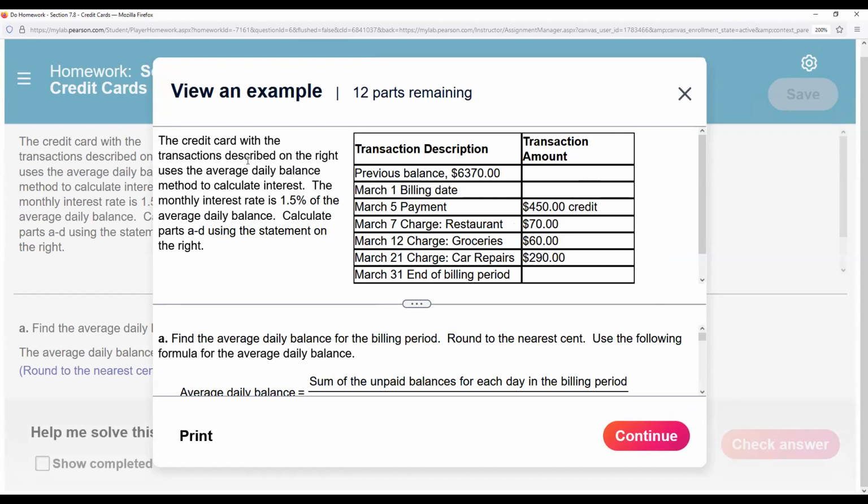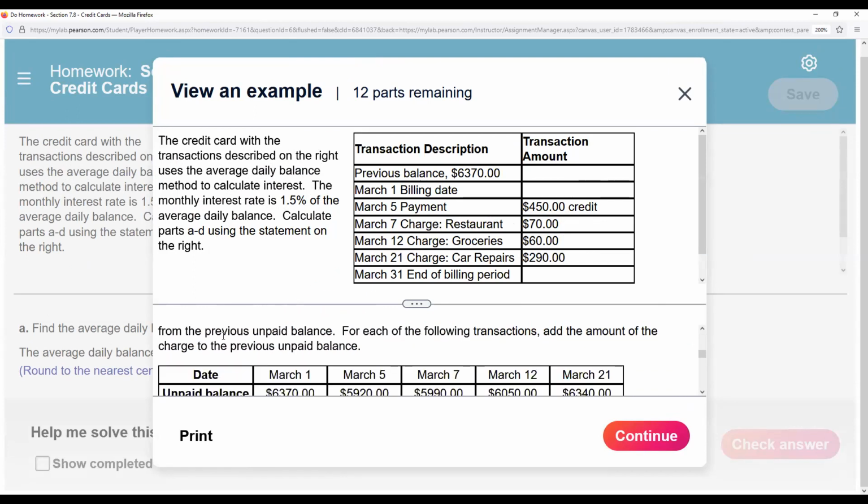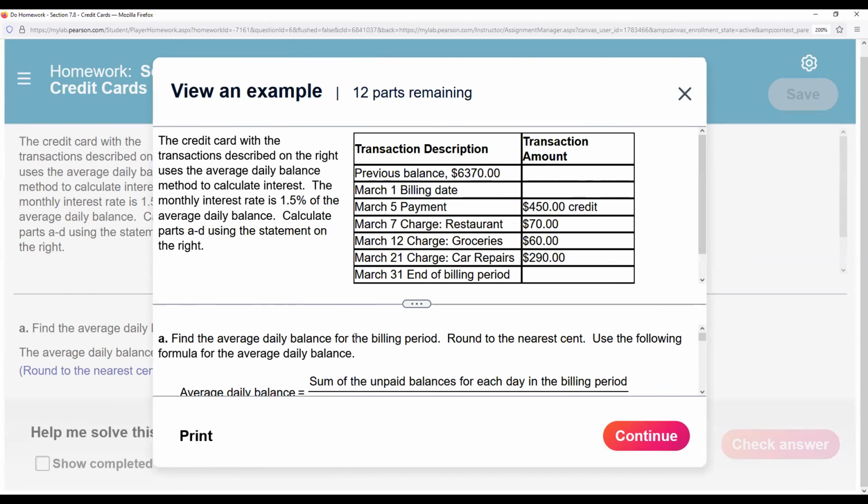It says the credit card transaction described on the right uses the average daily balance method to calculate interest. The monthly interest rate is 1.5% of the average daily balance. Calculate A through D on the right here. Part A says, find the average daily balance for the billing period.